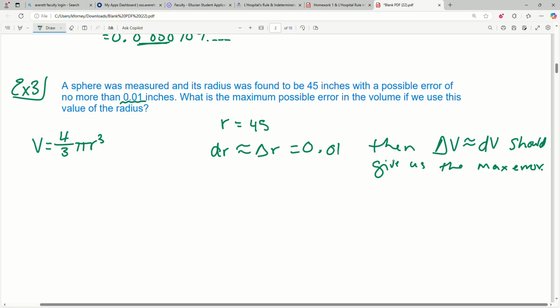Okay, so the first thing I want to do is find what is dV. So, remember pi is a constant. All we're looking at here is that r cubed, so we would bring the 3 down, and that would give us 4 pi r squared dr.